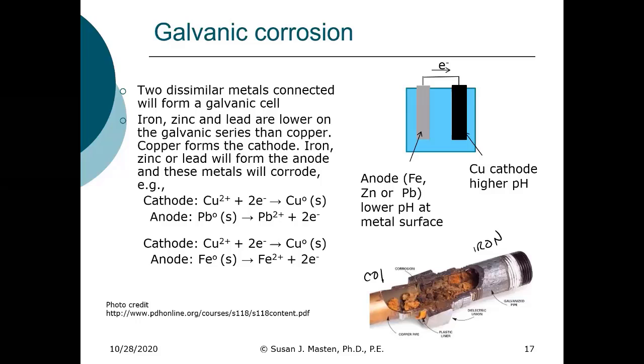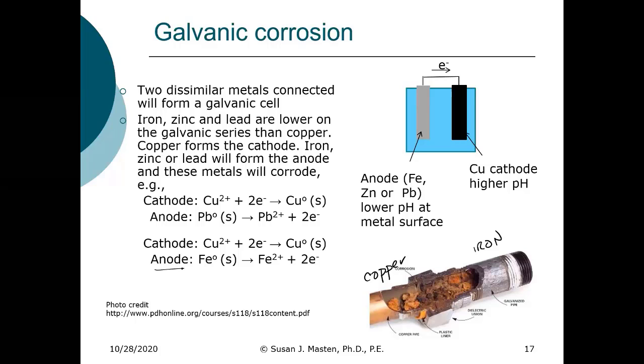We have a copper pipe here. So we have dissimilar metals, and those metals can react. What happens here is we have oxidation at the anode, we have reduction at the cathode.